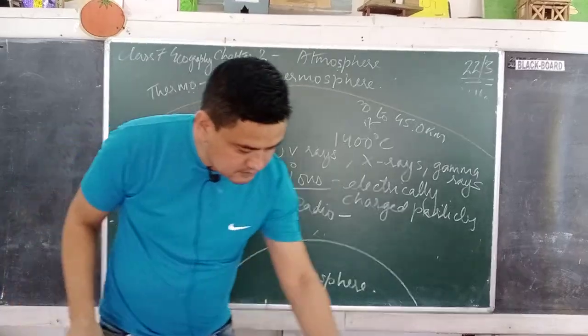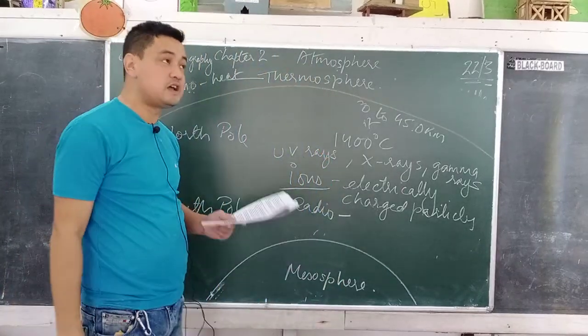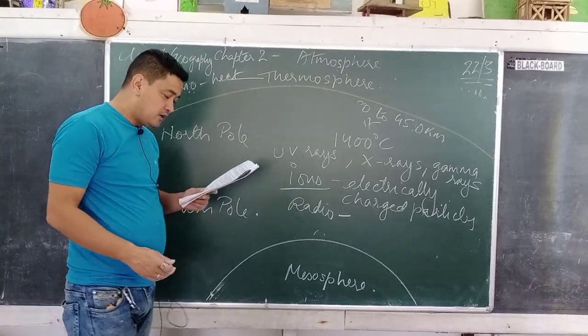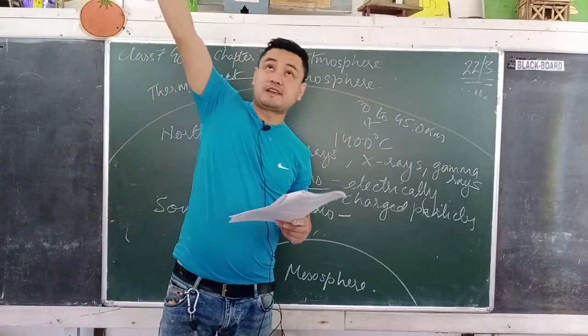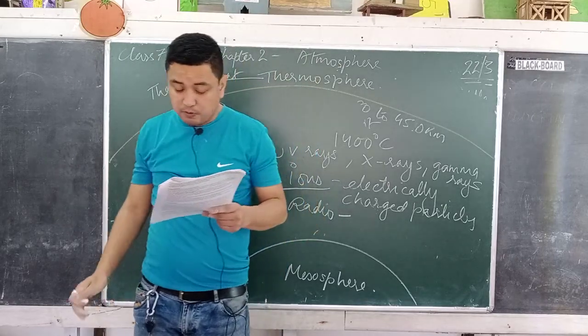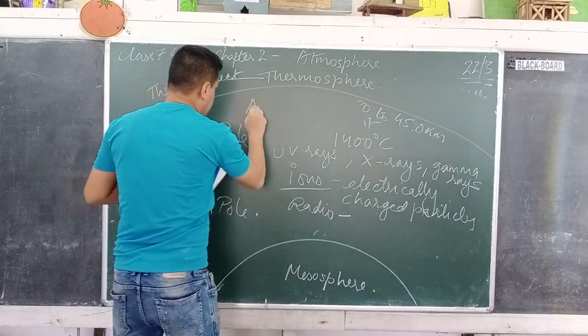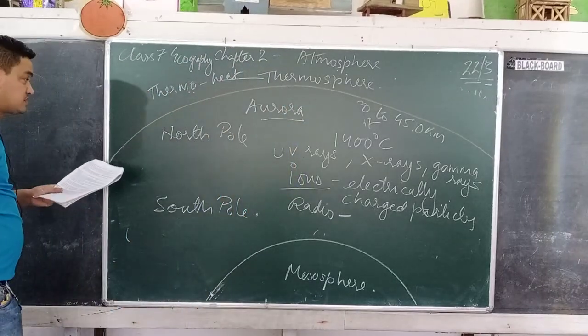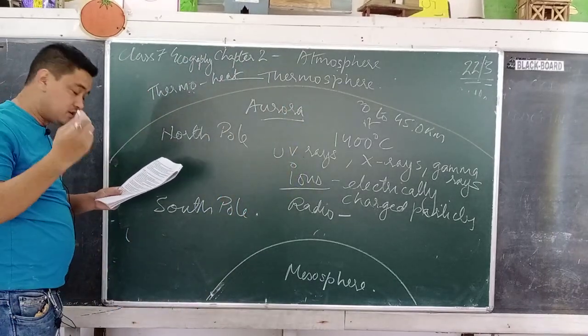Because of ions and light gases present in the thermosphere, we find different kinds of lights displayed in the sky in the North Pole and in the South Pole. They are called aurora, A-U-R-O-R-A.